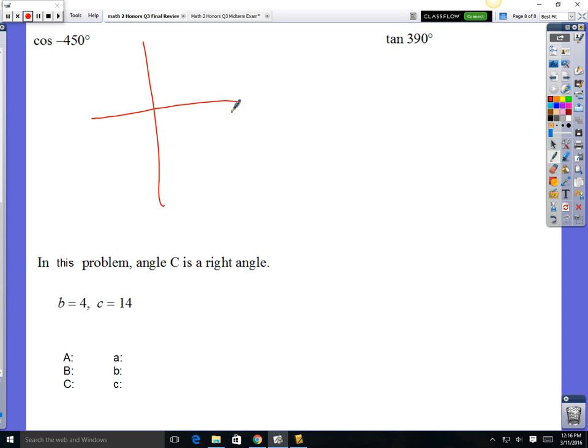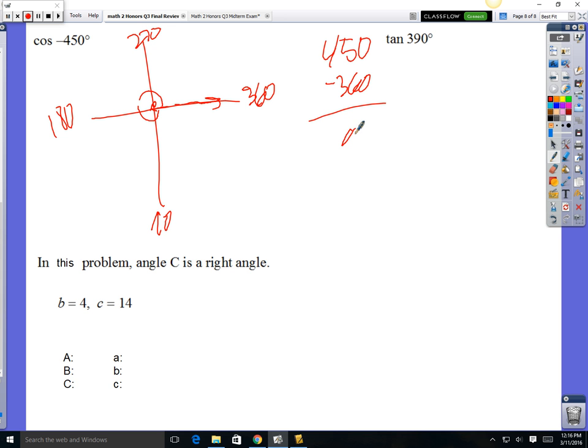Okay, cosine of negative 450, negative 90, 180, 270, 360. 450 is more than one rotation. So you're going to go around once. 450 minus 360 is going to be 90 left over.